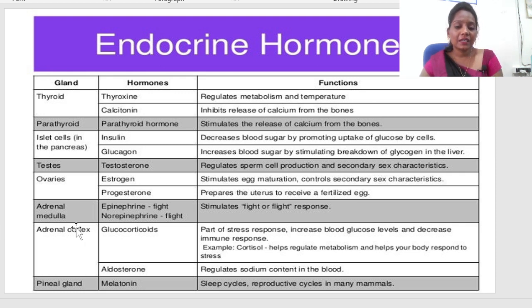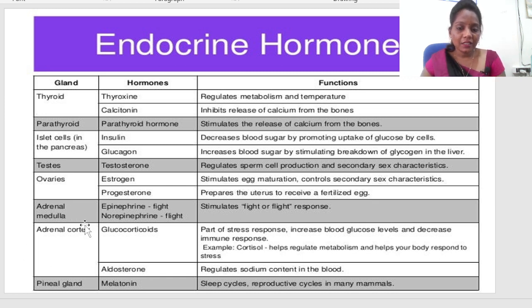The adrenal gland releases two hormones, epinephrine and norepinephrine. Epinephrine helps for fight and norepinephrine helps for flight, and they stimulate the fight and flight response in case of emergency or critical situations.